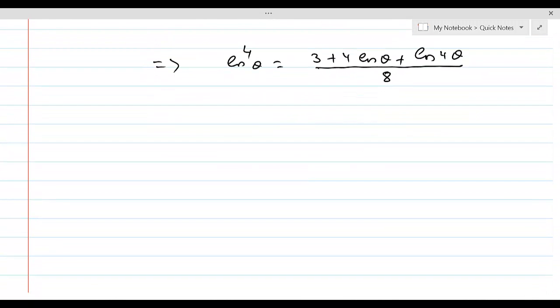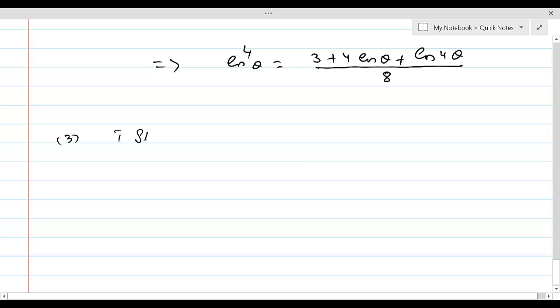And now the next question, that is number 3. We have to show that sine 3 theta over sine theta minus cos 3 theta over cos theta is equal to 2.